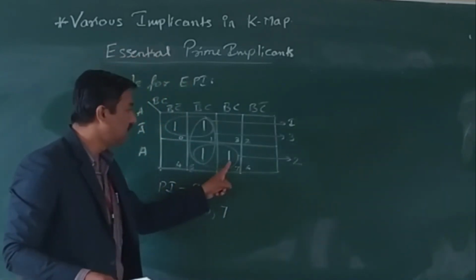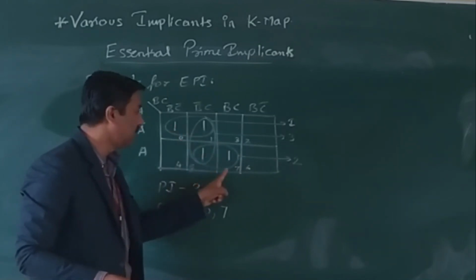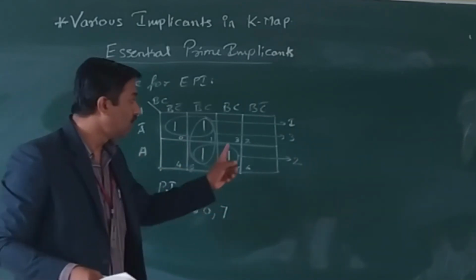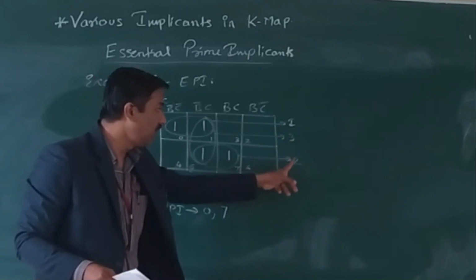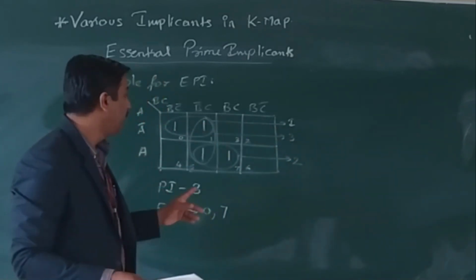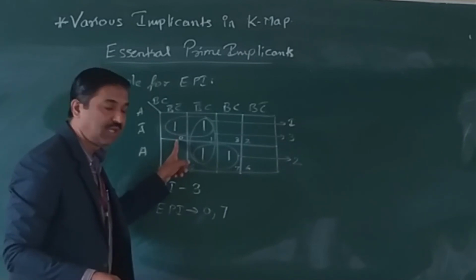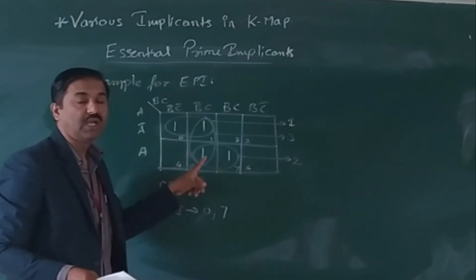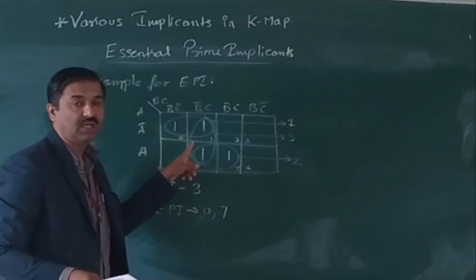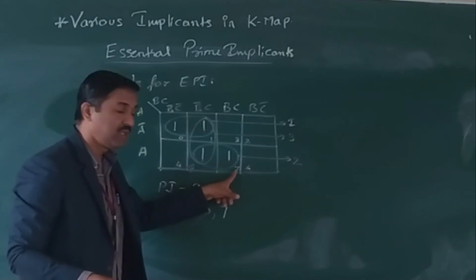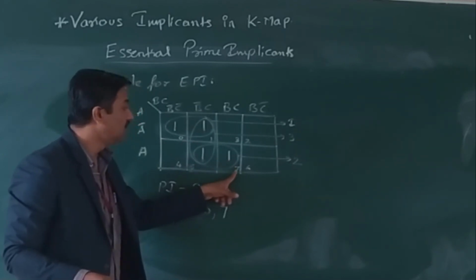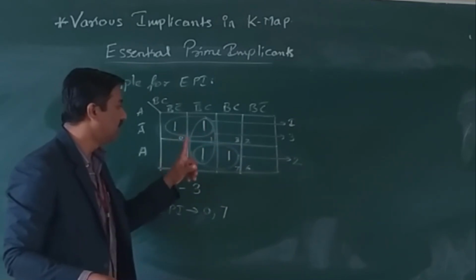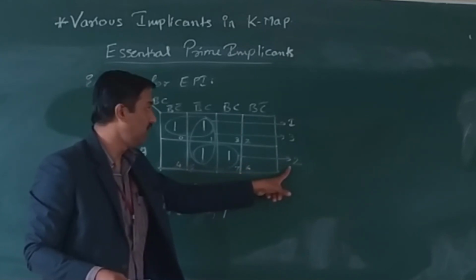See here, this one and this one, in cell number 0 and cell number 7, are not getting covered by any other prime implicant. So totally we have 3 prime implicants: group number 1, group number 2 and group number 3. But the one present in cell number 0 and the one present in cell number 7 are not getting covered in any of the other groups. The one in cell number 7 is not getting covered in 1 or 3, but only in group number 2.